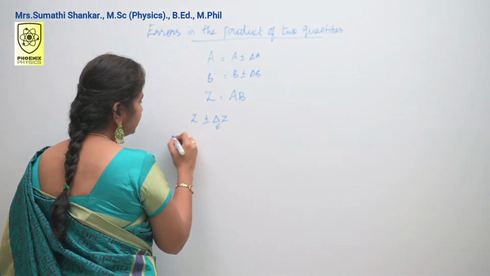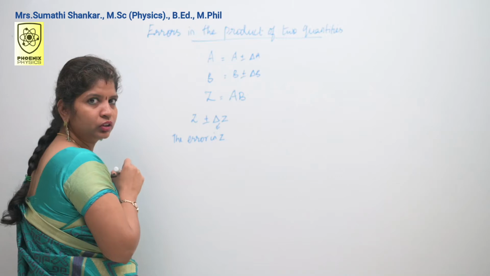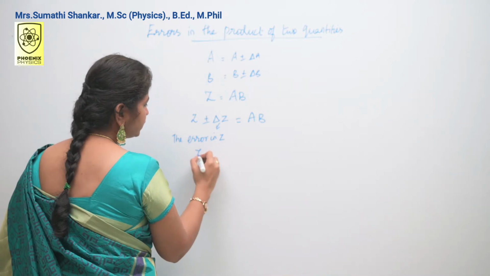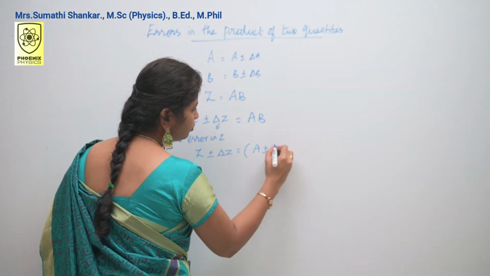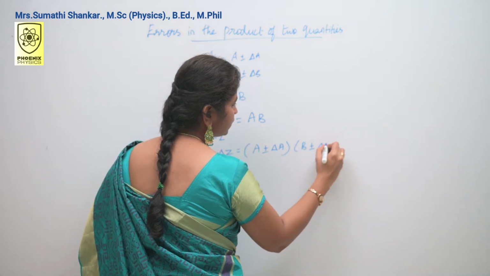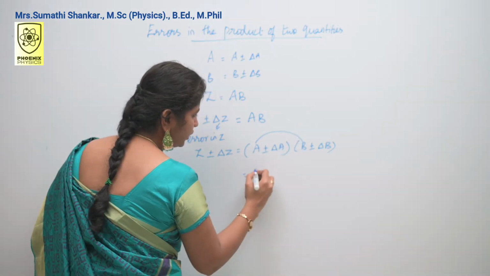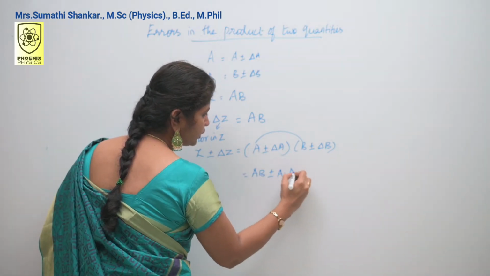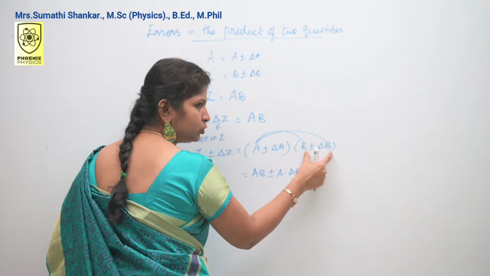This delta Z is the error in Z. Okay, that is equal to AB. Substitute AB value here. Z plus or minus delta Z is equal to, what is our A? A plus or minus delta A, then B plus or minus delta B. Multiply this A with B, AB, then plus or minus A delta B. Then I am multiplying A with these two terms.